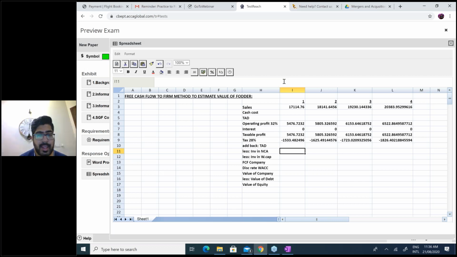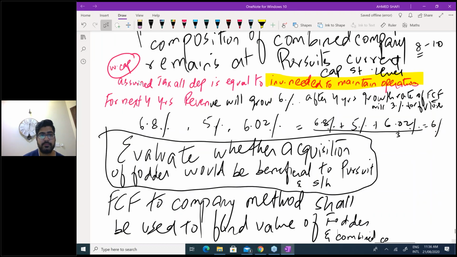But it doesn't matter what TAD is here, because the question asks you to assume that TAD is equal to the working capital. Remember this red line amount, assume tax allowable depreciation is equal to working capital.